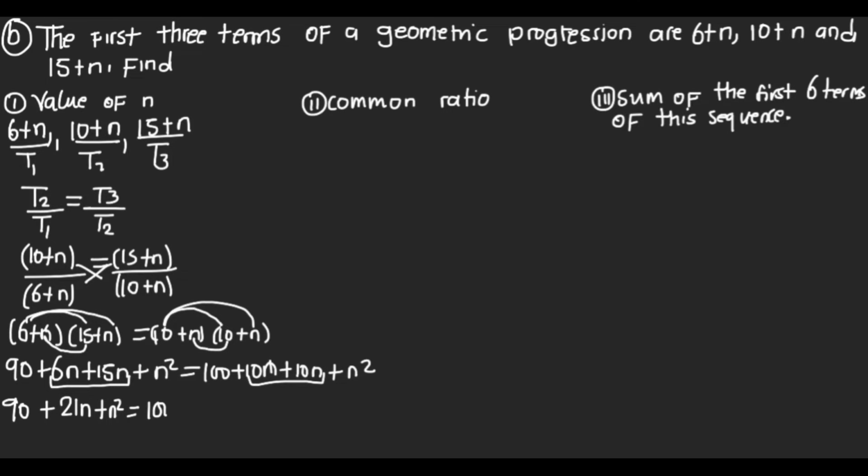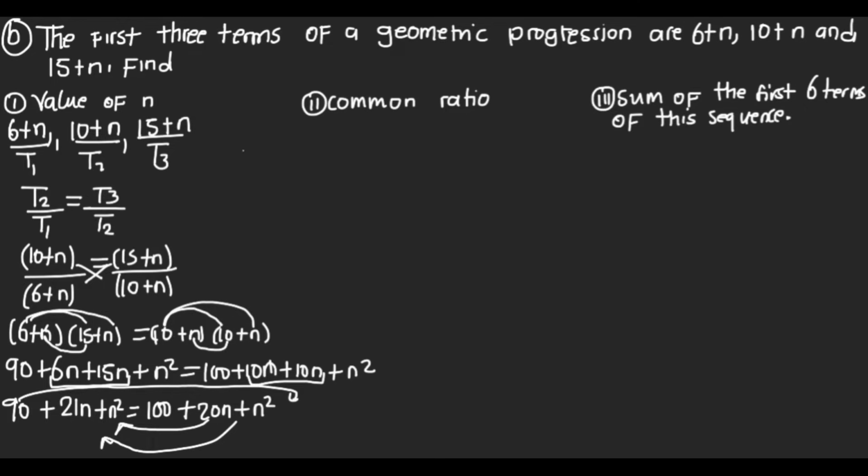Then you have 100, 10n plus 10n will have 20n plus n squared. Then the 90 will move to this side, while the 20n and n squared will move to this side.